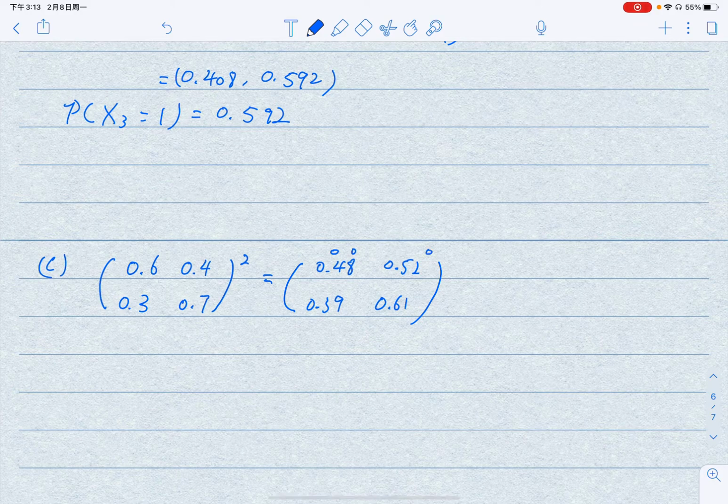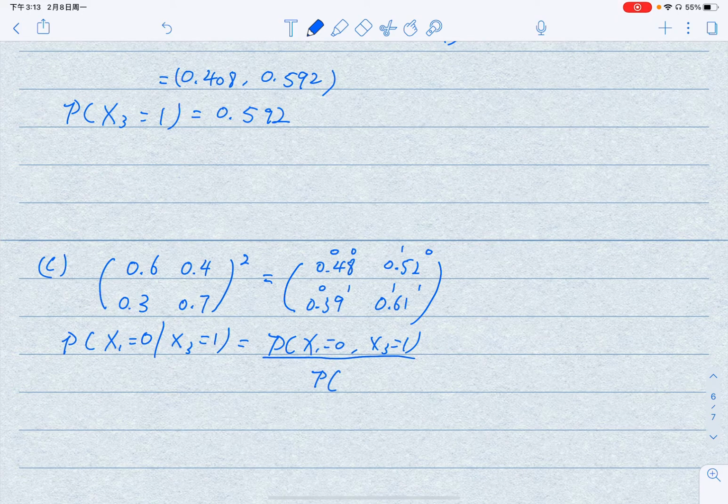And input 0, output 1, input 1, output 0, input 1, output 1. And we're asking the probability for X1 equals to 0 while X3 equals to 1. We can rewrite this as the probability for X1 equal to 0 and X3 equals to 1 divided by the probability for X3 equals to 1.